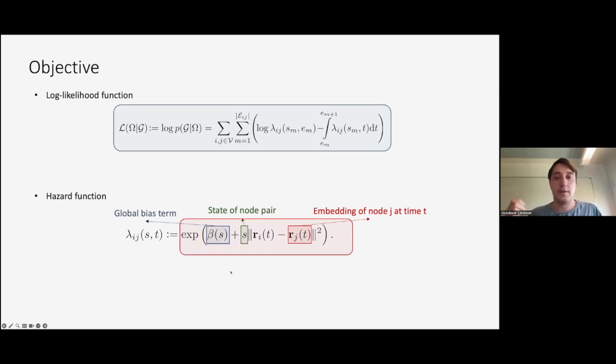If there's an edge between nodes i and j, it will be +1, so we need to maximize this lambda. That's why nodes will be closely positioned in the embedding space. Otherwise, it will be -1, and then we will try to minimize lambda, so nodes will be positioned far away from each other.